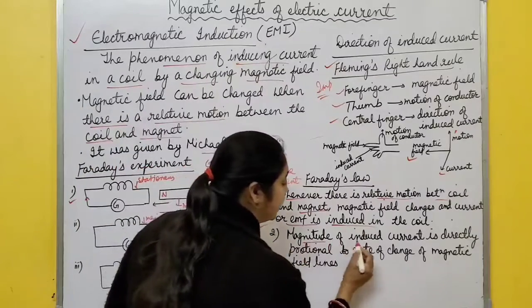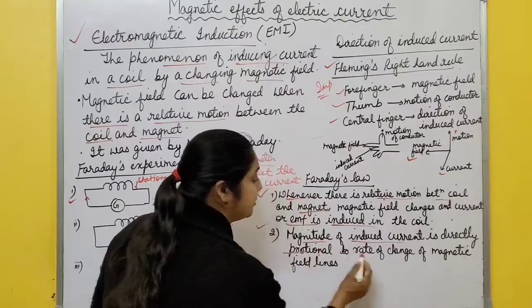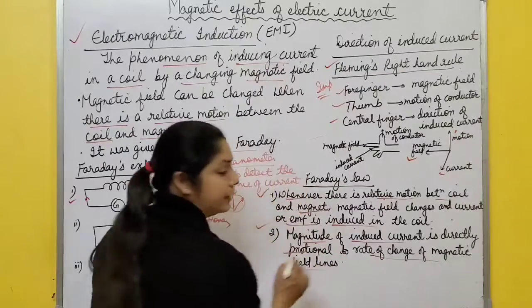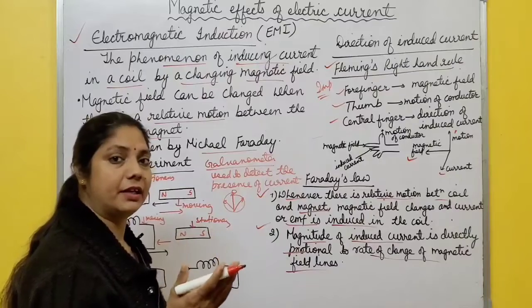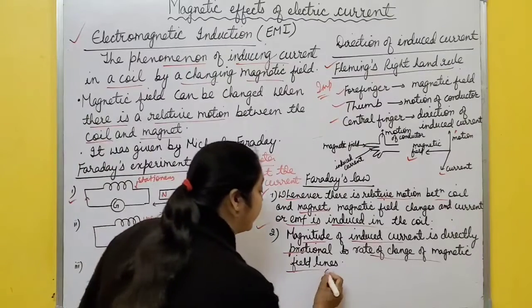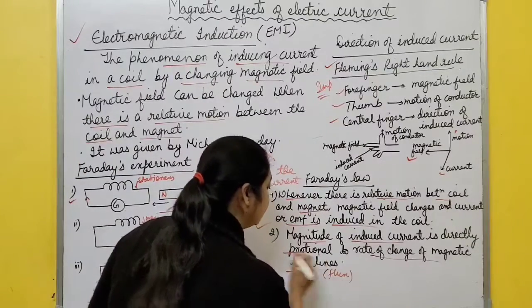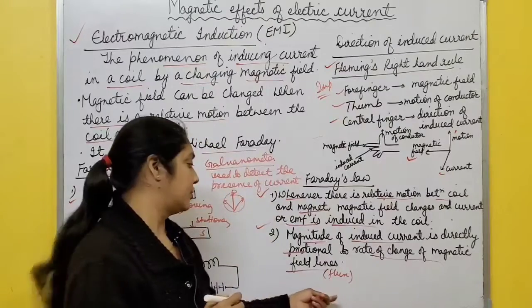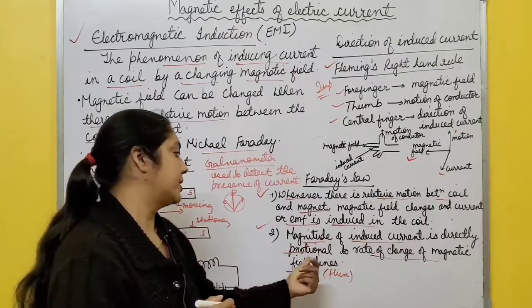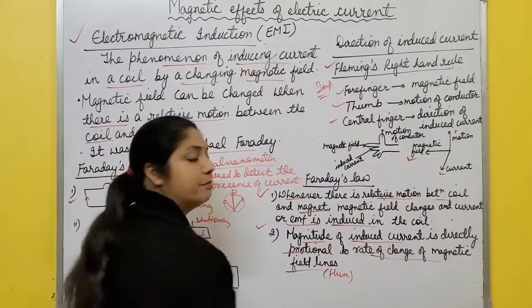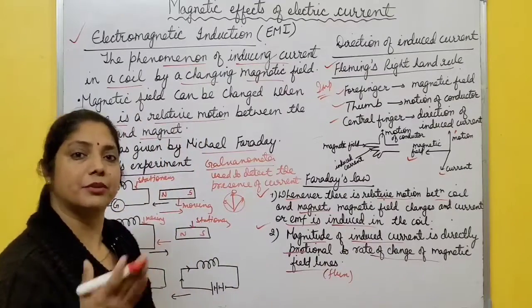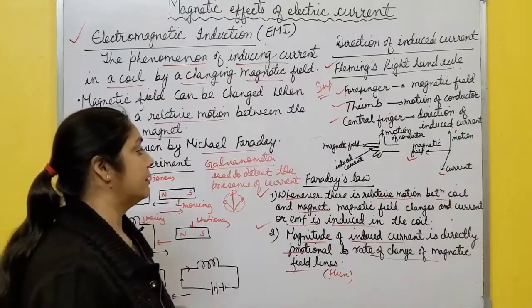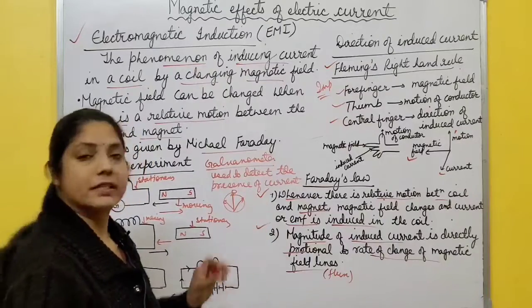The magnitude of induced current is directly proportional to the rate of change of magnetic field lines associated with that coil. And change of magnetic field lines is also called magnetic flux. You studied about magnetic flux in class 12. So the magnitude of induced current is directly proportional to the rate of change of magnetic field lines. Greater the change in magnetic field, greater the current produced in the circuit. This is Faraday's first law and second law.